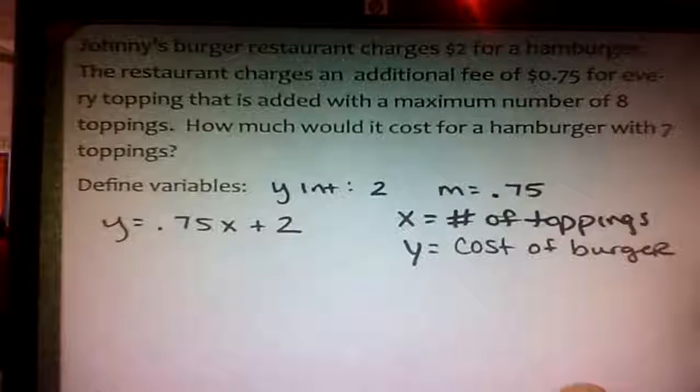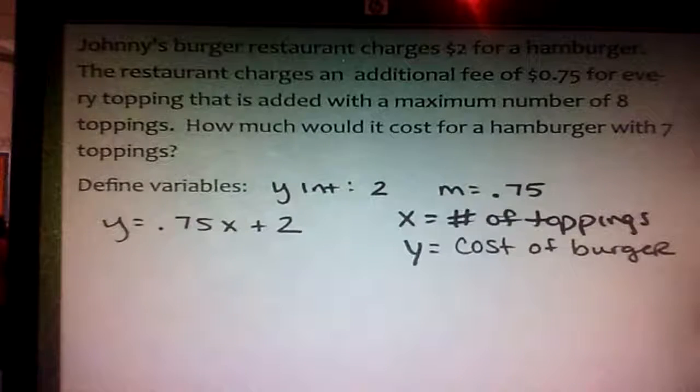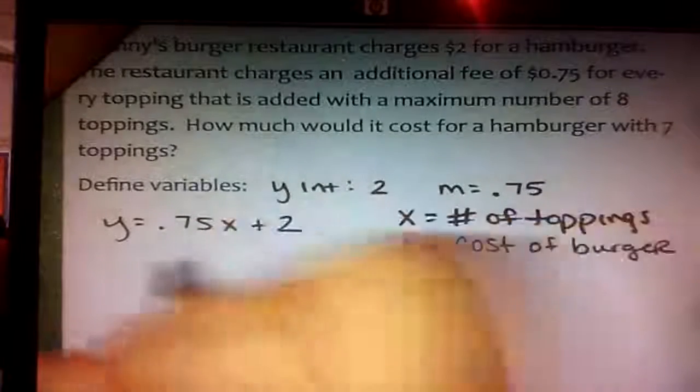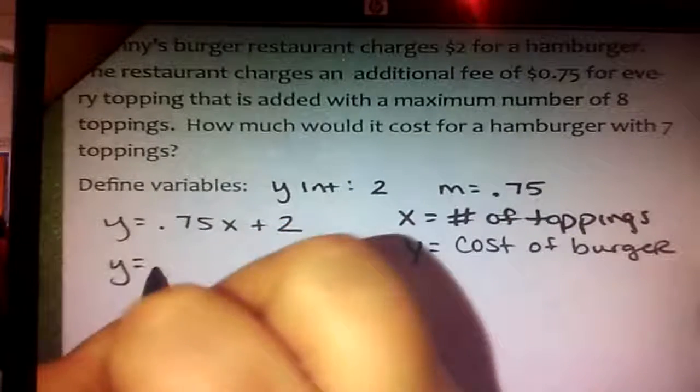So, they tell you how much would it cost for a hamburger if I have 7 toppings. So, where would I plug in 7 to find my answer? Careful. What does 7 represent? Toppings. So which variable represents toppings? x. So it goes in for x.